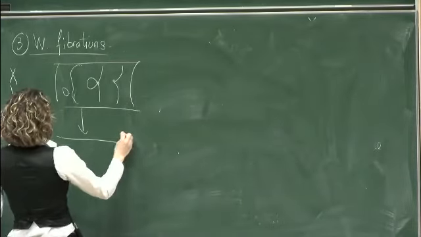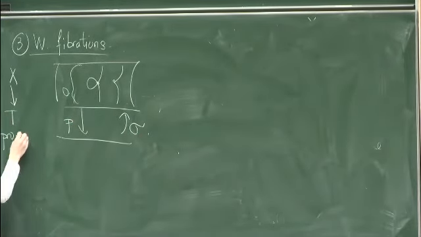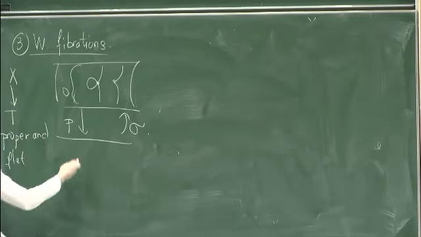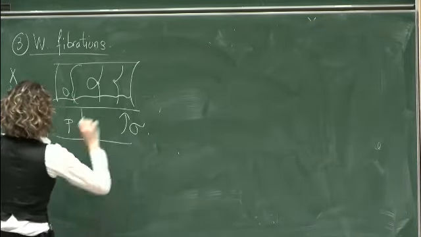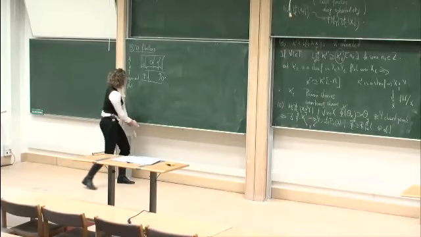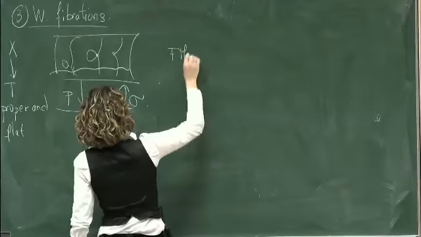So we assume that there is a section also. So this is proper and flat with this kind of fibers, and the section, as you explained, doesn't meet the singular points of the singular fibers.